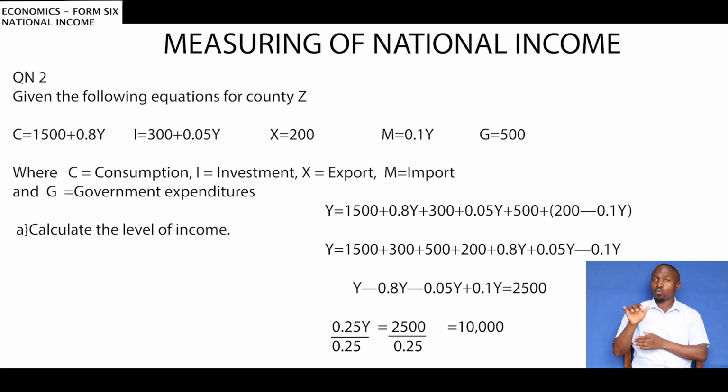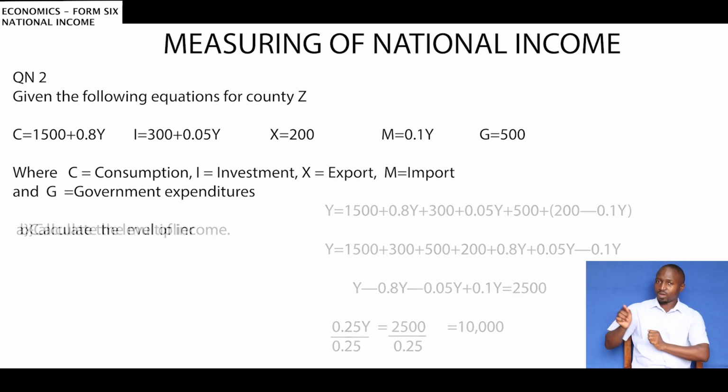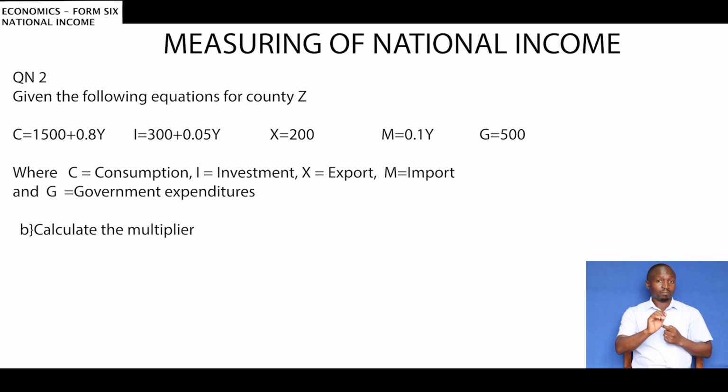By dividing by 0.25 on both sides, we get y, which is the level of income, 10,000. This is A. B, the question needs us to calculate the multiplier.